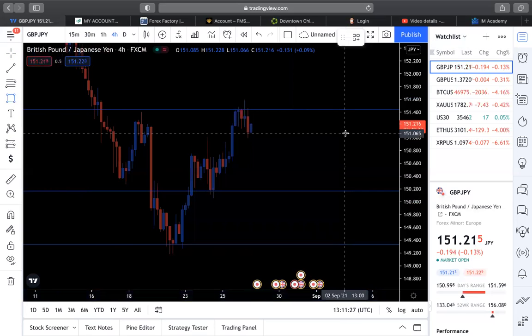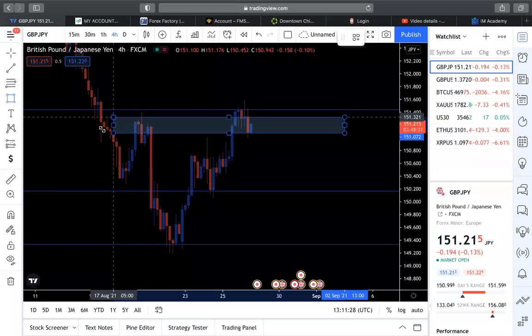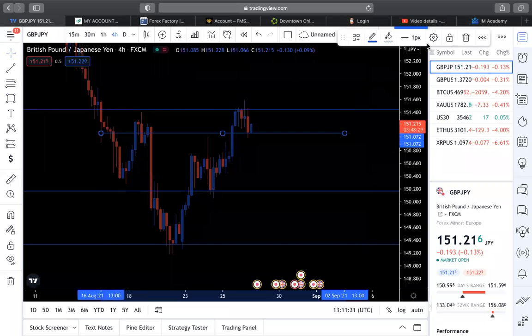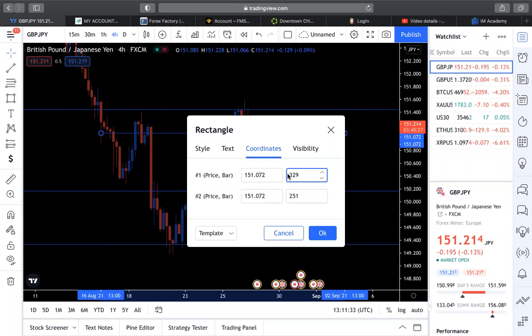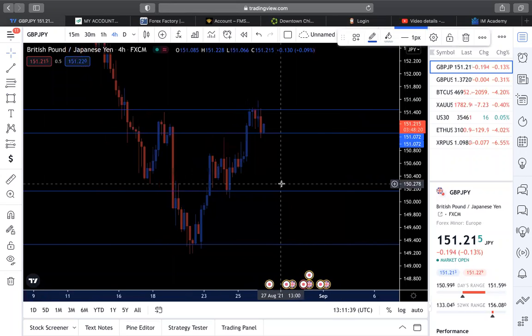And it seems like there's a support level right underneath these two candlesticks right here. See that, guys? It's super, super simple. If you guys have any questions about that, feel free to ask me anything about it.